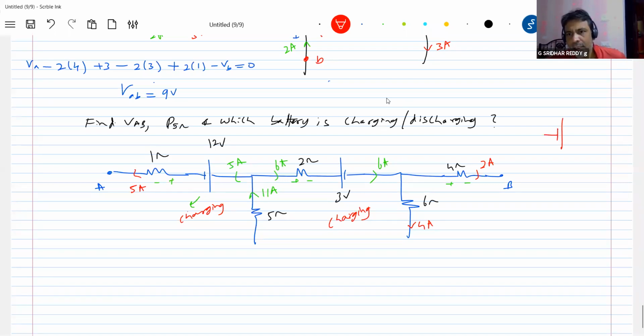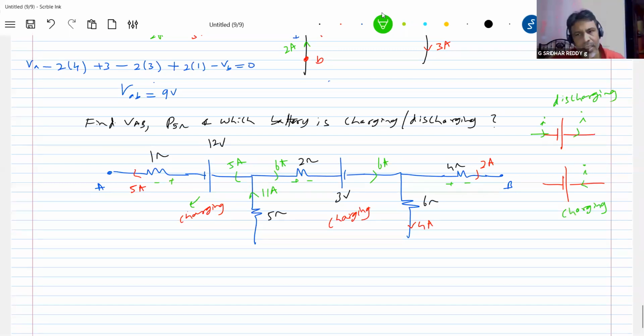So what is the basic idea? If a current leaves the positive terminal or enters the negative terminal, then it will be discharging, or supplying energy to the circuit. As we have already discussed, if a current enters the positive terminal, it will be charging.